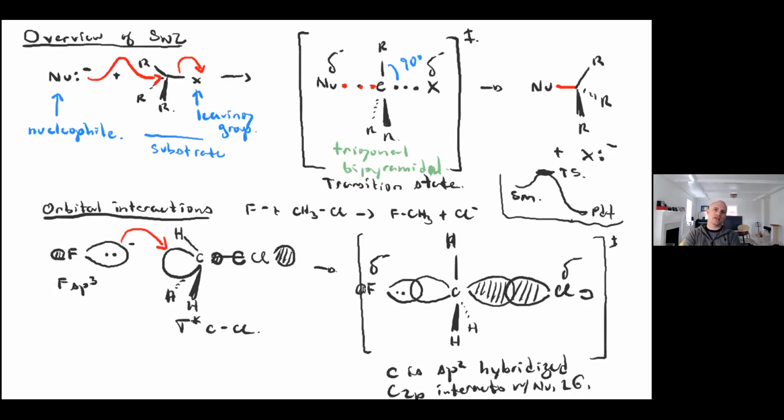The second thing is the change in hybridization. I'm going in the ground state from sp3 hybridized at carbon to a transition state where I just said it's sp2 hybridized. And you may be thinking, wait, how do you just change the hybridization?